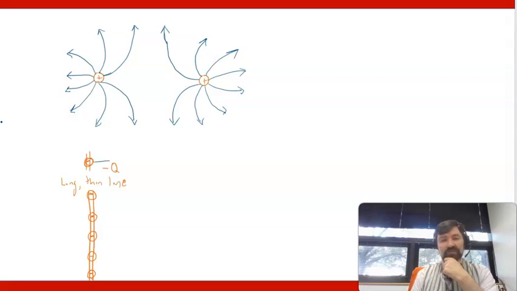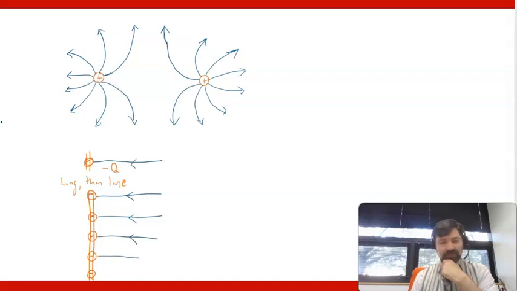So 2, they would need to not cross. And in order to accommodate that, basically, this means that they're going to be parallel lines, as I've drawn here. Since my charges are oriented horizontally, the long line is oriented vertically, so these parallel lines are all oriented horizontally.